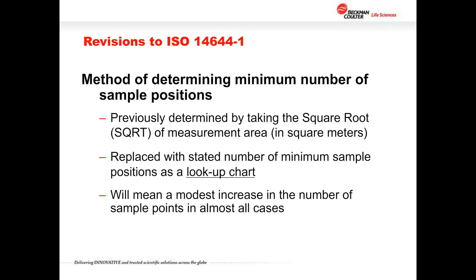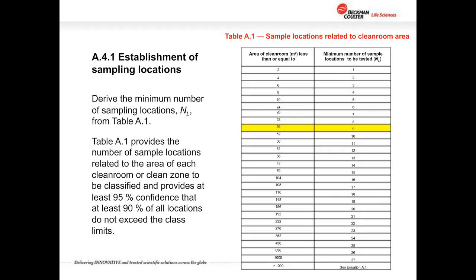Previously this was determined by taking the square root of the measurement area in square meters. It's now replaced with a lookup chart, and this defines the minimum sample locations. Those can be increased. You can do beyond that, especially if you have certain high-risk areas you wish to have good confidence about. So in most cases that means a small increase in the number of sample points. So let's look at that chart.